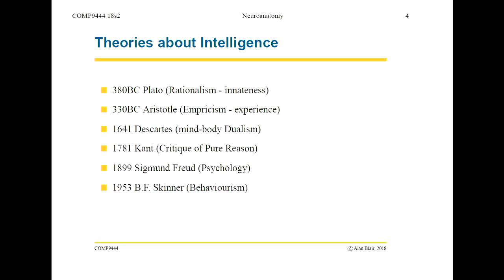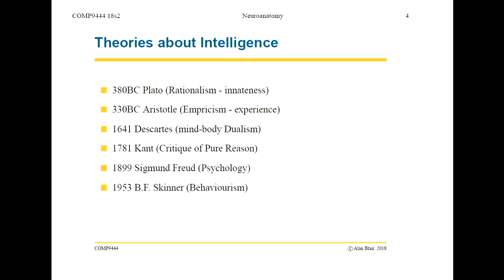Descartes wrote about mind-body dualism. So this is the idea, what is the mind? Is the mind actually part of the brain? Is it a physical thing? Is it an epiphenomenon of the brain?